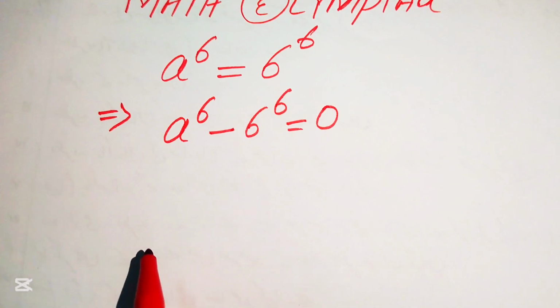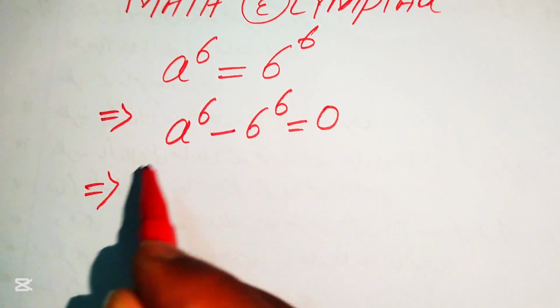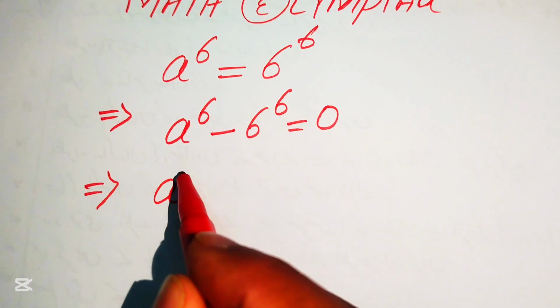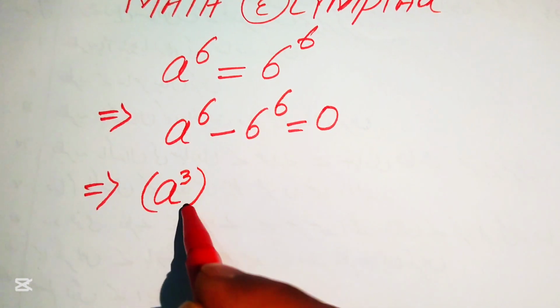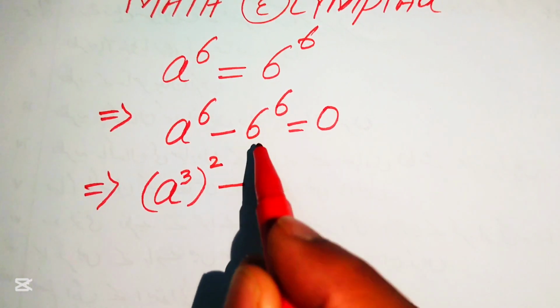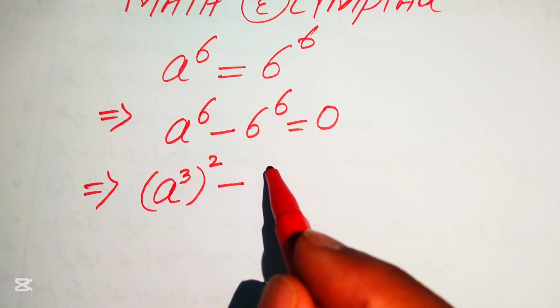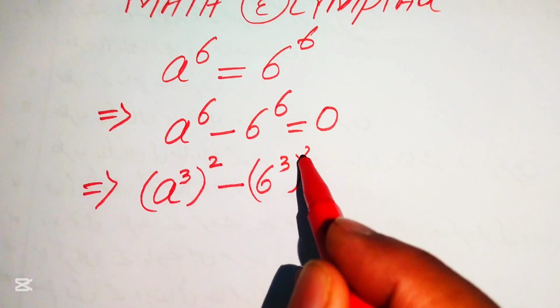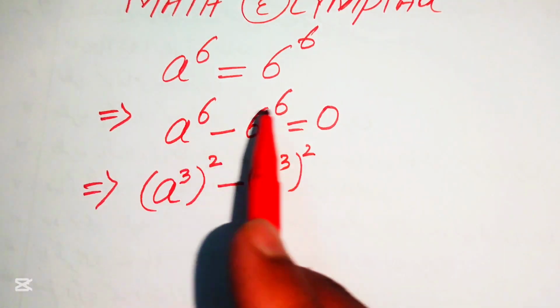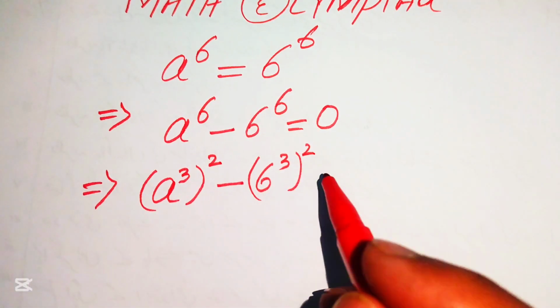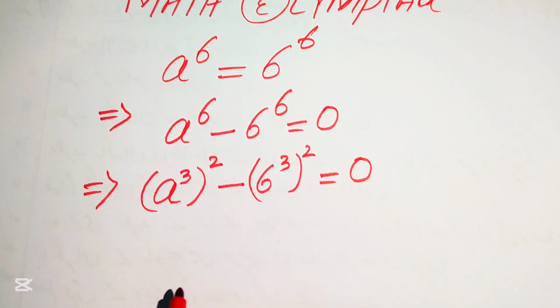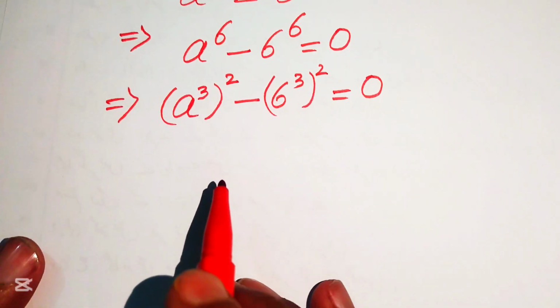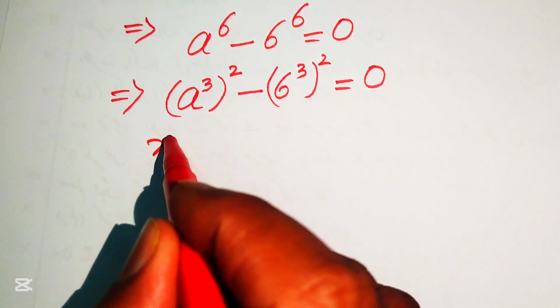And now in the next step we rewrite this equation. We write a to the power of 6 as a cubed and its whole square, minus 6 to the power of 6 as 6 cubed and its whole square. So here we break the exponent of these two terms in this way, and this whole equals 0. And now in the next step we use this nice algebraic formula.